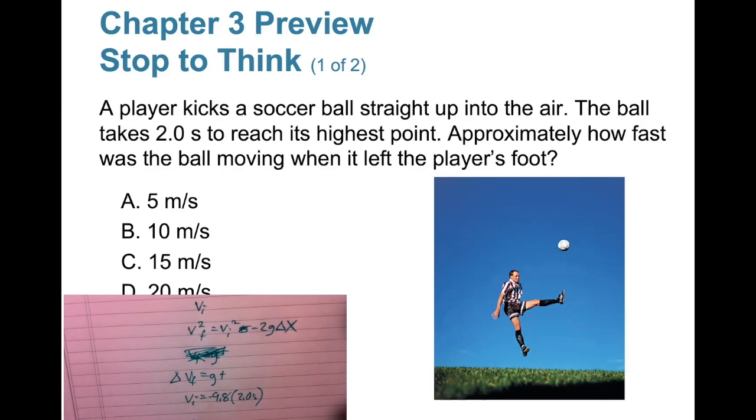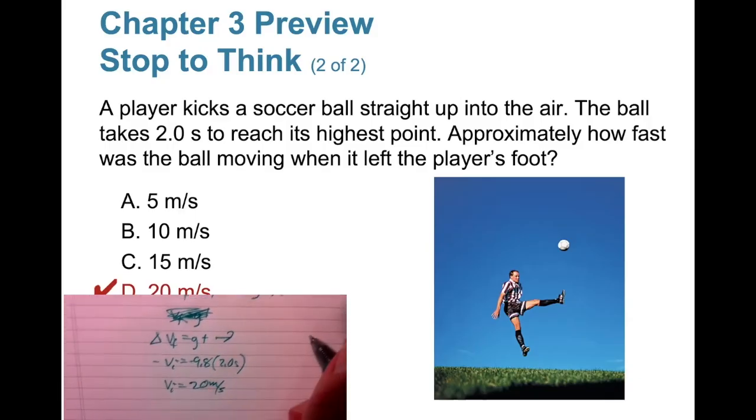This should be a negative here because we wanted it to come out positive. So vi equals basically 20 meters per second because we had 10 times 2, and indeed the answer is 20 meters per second. So we just use this equation right here. Let's draw what we did over here.